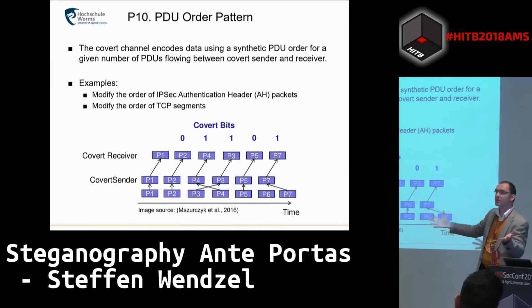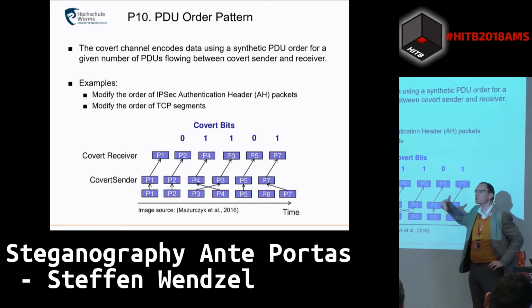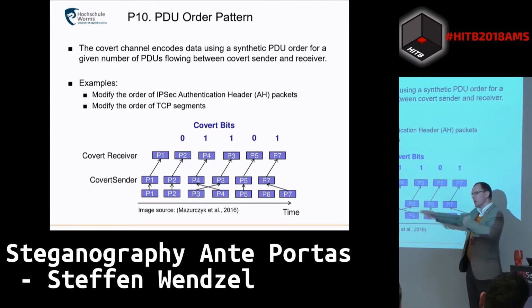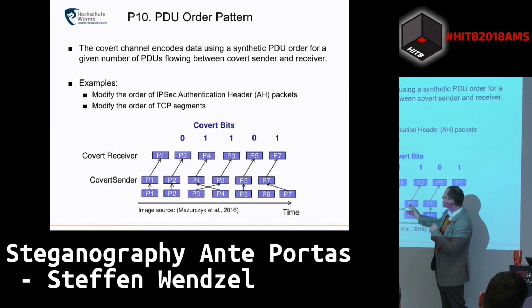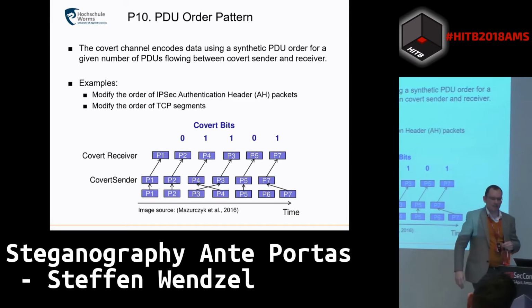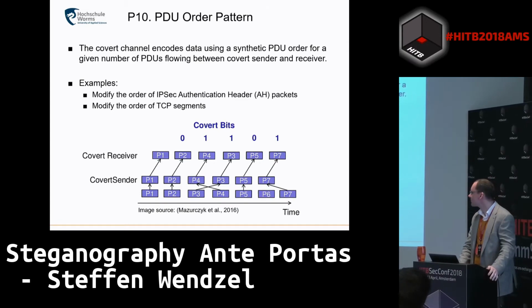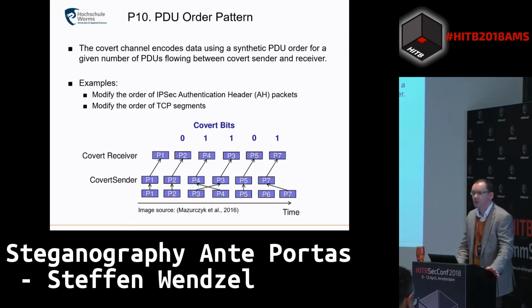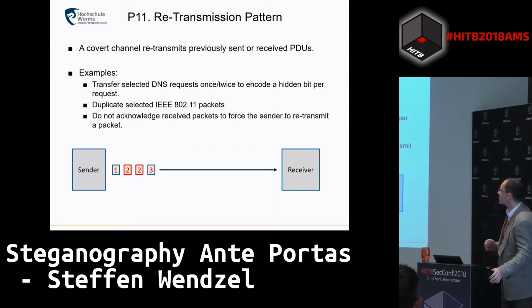This is why we have TCP to sort the packets at the receiver side, but we can also artificially jumble the packet orders, and then the sequence in which they arrive at the receiver indicate the hidden message. By the way, all the figures are from our book on the network information hiding topic.